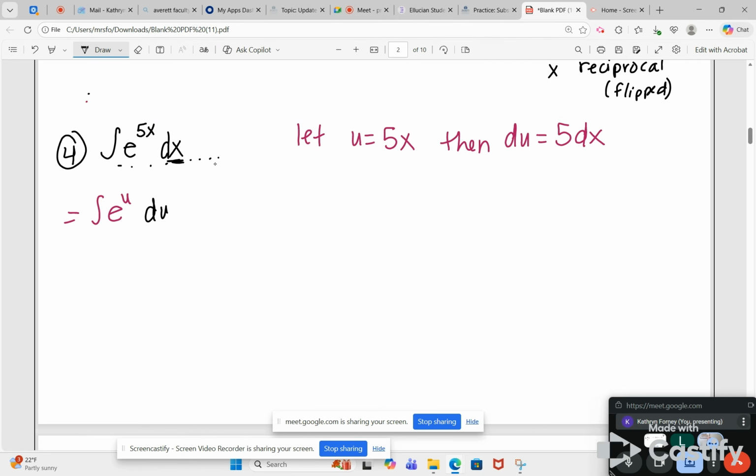So when that happens, you have to take the 5 out. You're going to have to make up for that by having the reciprocal. Another way to think about this is if you solve this for dx, that would be 1/5 du. So you could pull that 1/5 on the outside.